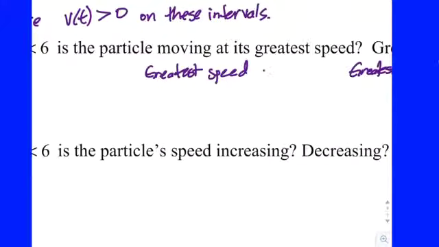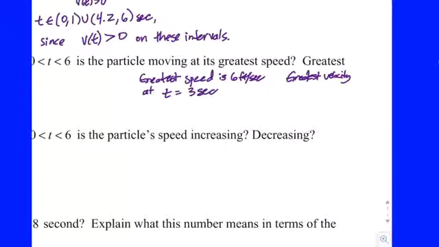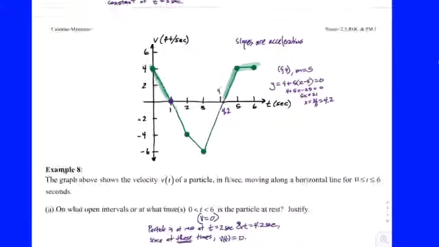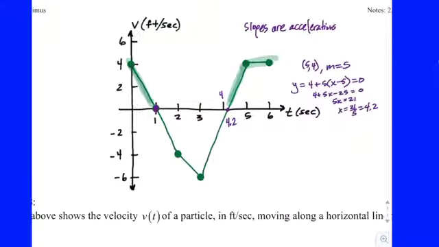All right, so the greatest speed, I'm going to add more information, is 6 feet per second at t equals 3 seconds. And the greatest velocity, well, now the sign matters. For greatest velocity, we either want the most positive, or if there are no positive y values, we want the least negative.